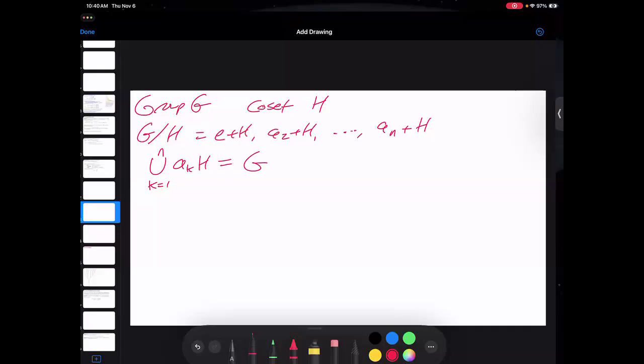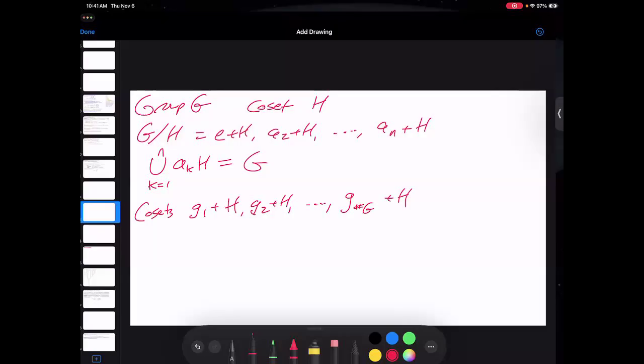And the reason is, what I can do is look at the cosets: g1 plus H, g2 plus H, all the way up to g of size of G plus H. That's all the cosets.